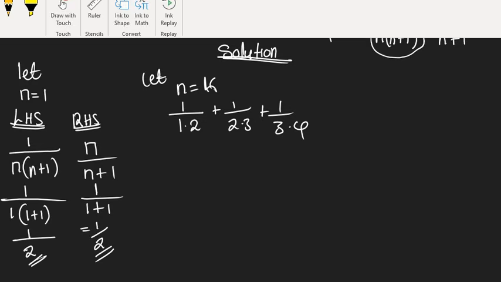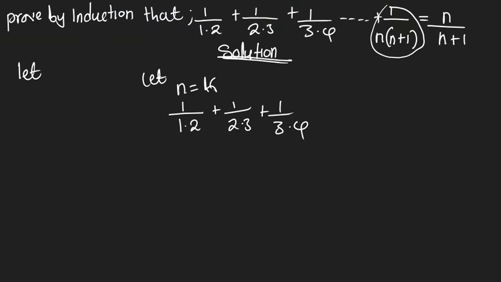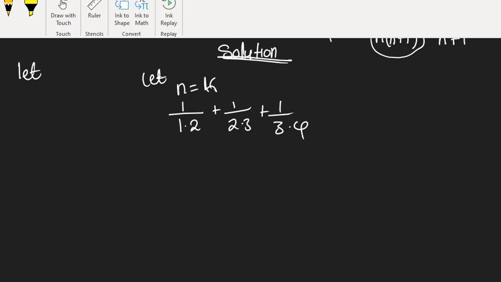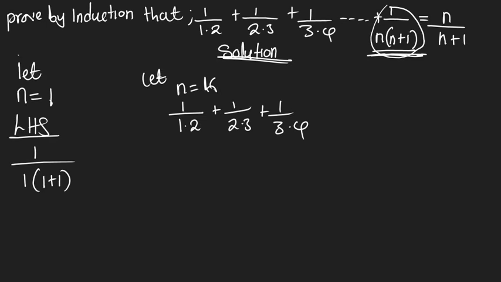You are not finding the value of n. You have already said, let n equal 1. The value of n is already 1. You just take this part here, on the left side, and replace n with 1. That's all, and you find your 1 over 2.